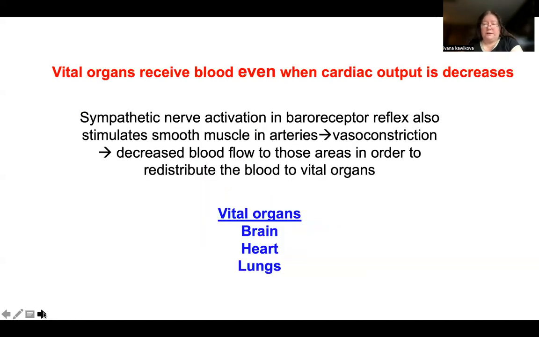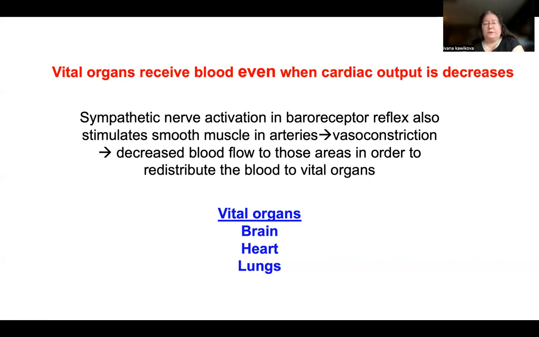One more thing that is happening is the stimulation of arteries. When there is low cardiac output, it is critical that the blood is used for the vital organs, which are the brain, heart, and lungs, and that the blood is limited to areas like skin, gut, muscles.